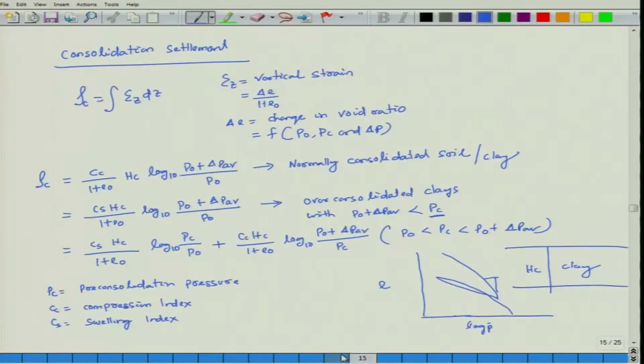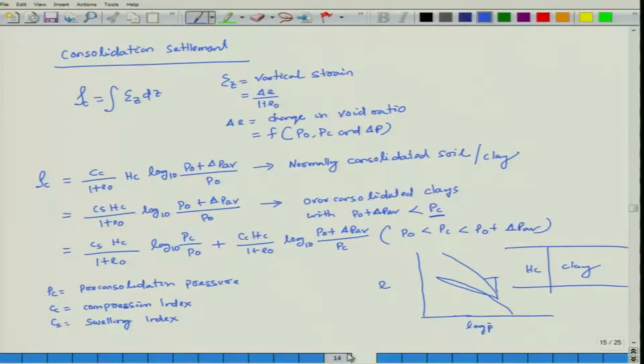If I put it as a summary, the consolidation settlement rho C is the integral of epsilon z into dz, and this is your vertical strain, and it is delta e by 1 plus e0, that means change in void ratio. Delta e is your change in void ratio, it is a function of overburden pressure, pre-consolidation pressure and increase in stress.